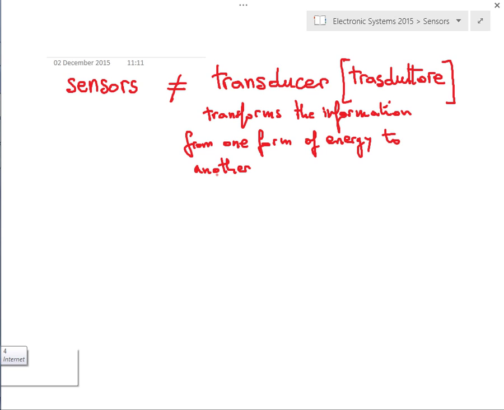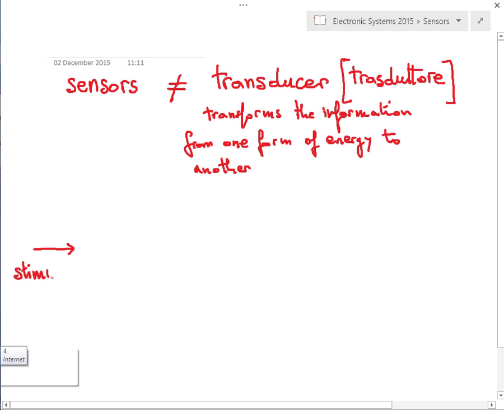Okay. For this reason, sometimes you have this situation. Here we have the stimulus. This is not atypical. Then we have a first transducer which transforms the information in the stimulus in a different form, let's say transducer 1.